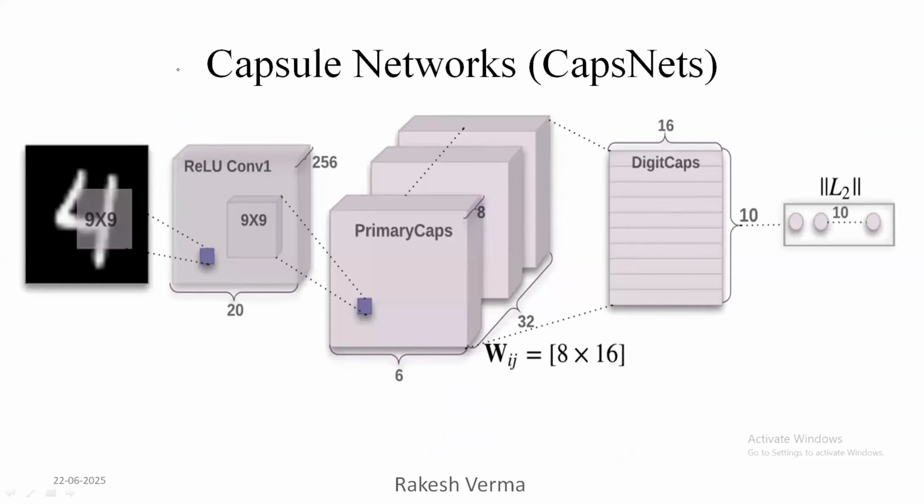Next one is the capsule network. It is very popular. When we talk about a capsule network, it is a type of neural network architecture, and it was introduced by Geoffrey Hinton.